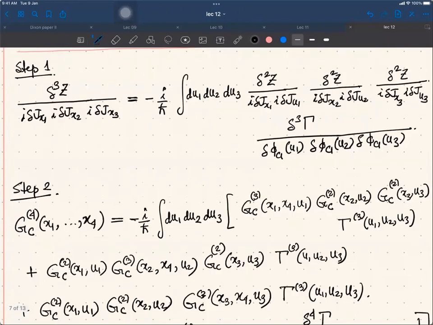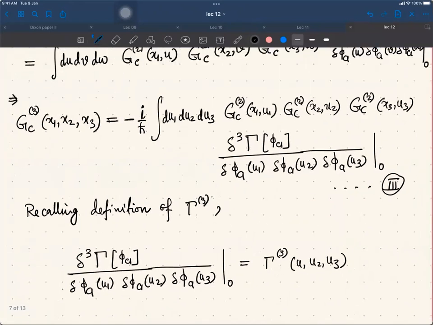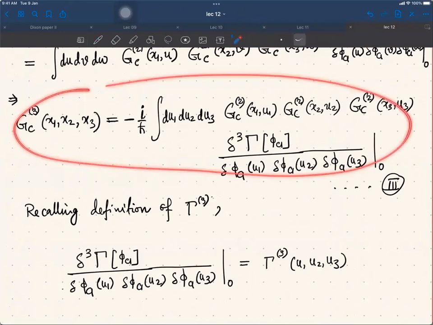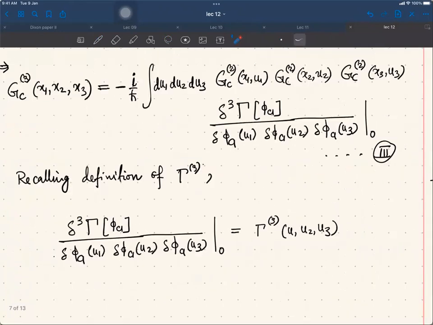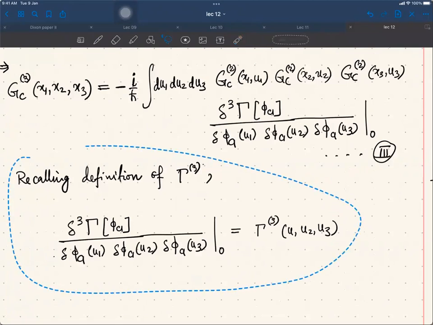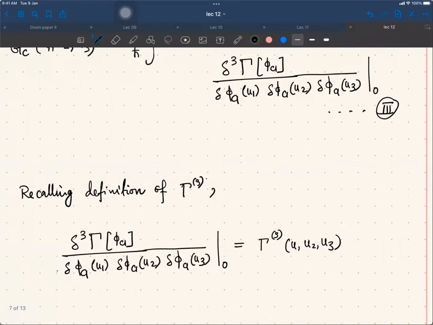A connected 3-point function is related to the 3-point 1PI vertex in this way, which also has a diagrammatic representation, and the diagrammatic representation here is nothing but, we can do it here. What we saw earlier.